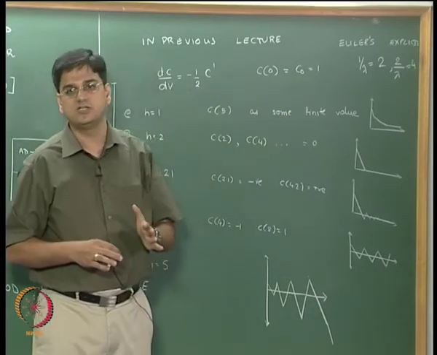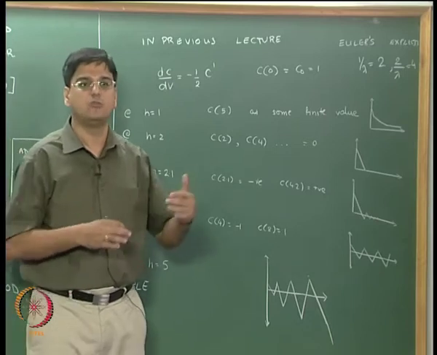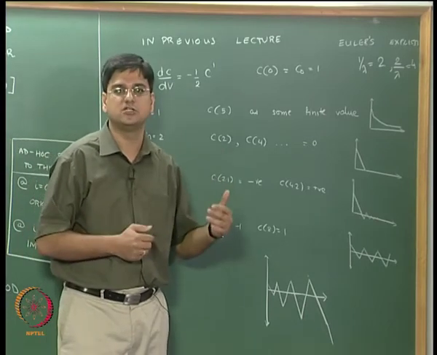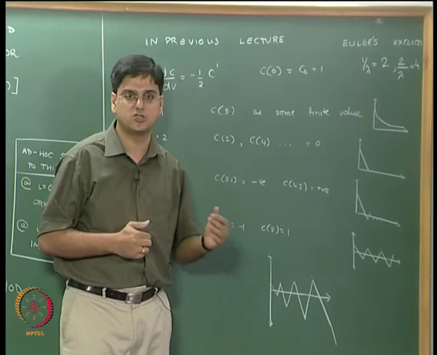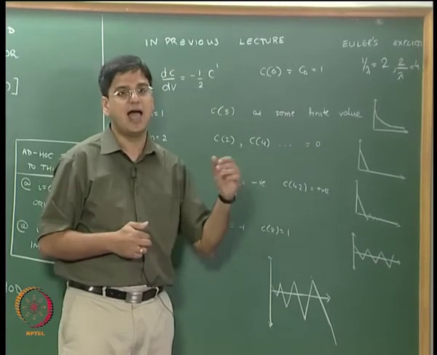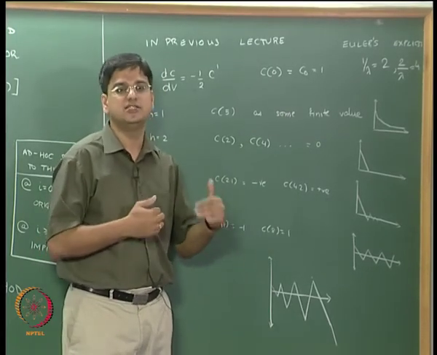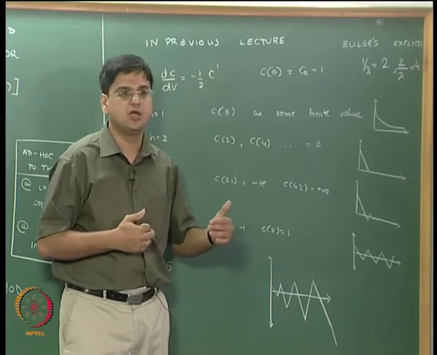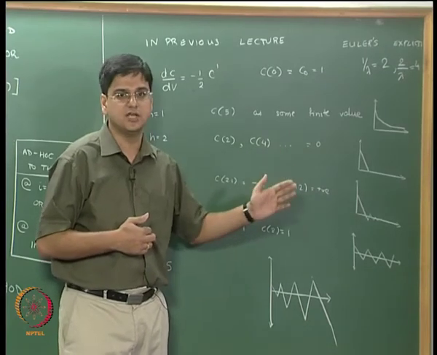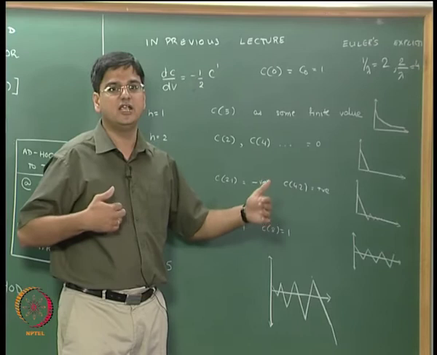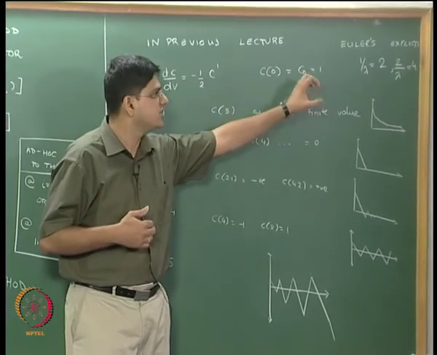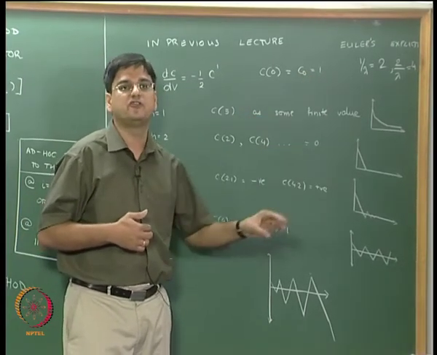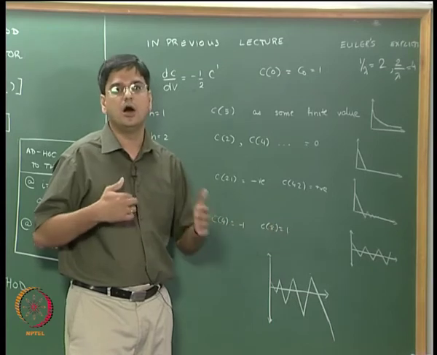Similar stability results are applicable for most other explicit methods, for all other explicit methods also. Explicit methods have a limit on the step size h that you can use before the system becomes unstable. If you take a very large step size using the explicit method, we will have the system becoming unstable.